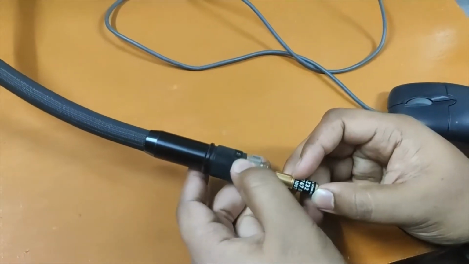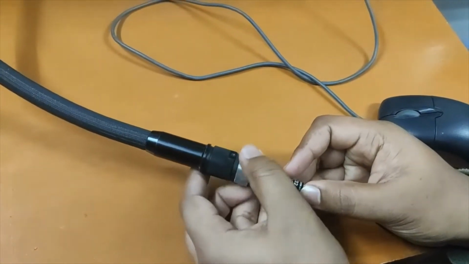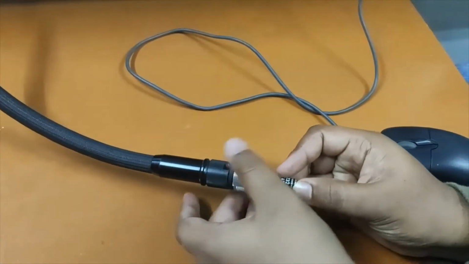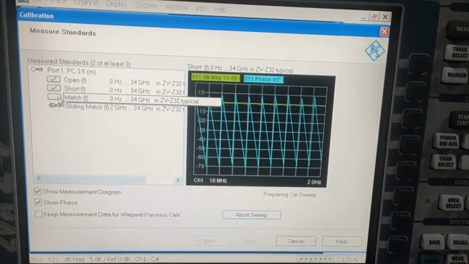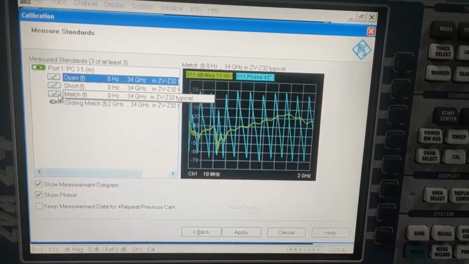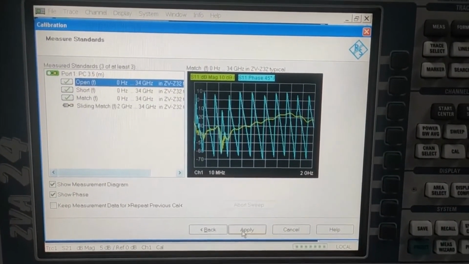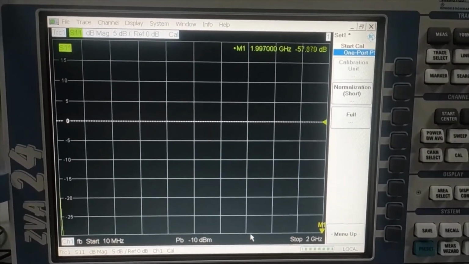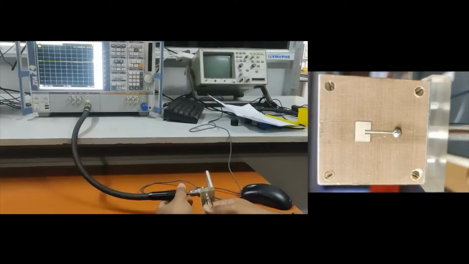Now a match load should be connected to port 1. We are applying this calibration. Now calibration is complete, and here the antenna is patch antenna.